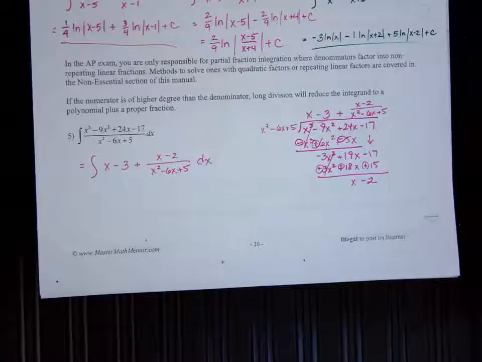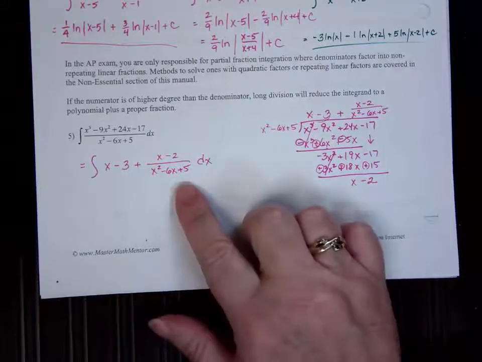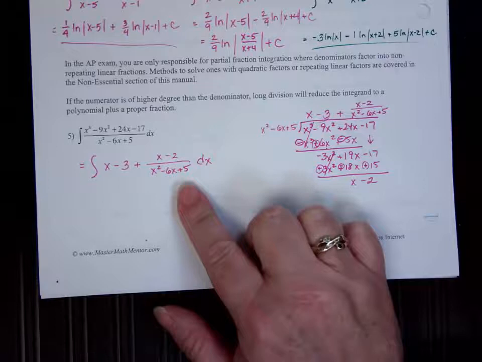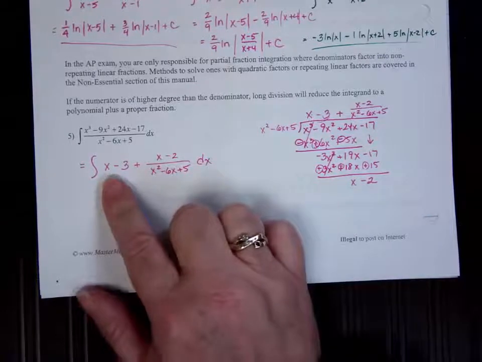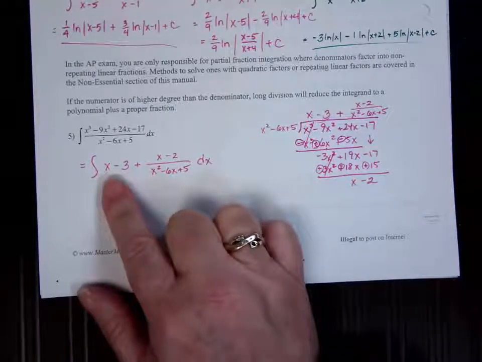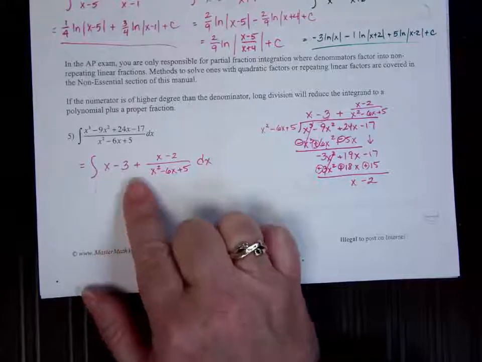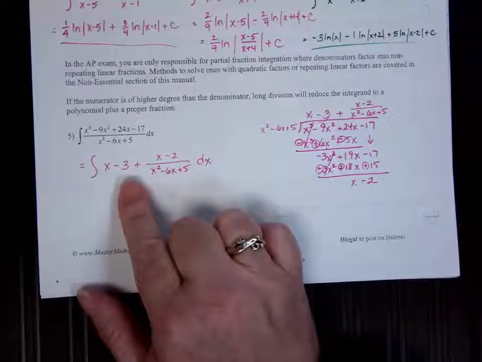On the fractional part, is now the degree of the top less than the degree of the bottom? Yes. Okay. Do you know the antiderivative of just an x? Yeah. What is it? 1/2 x squared, right? What's the antiderivative of just a negative 3? Negative 3x. So those two were taken care of.